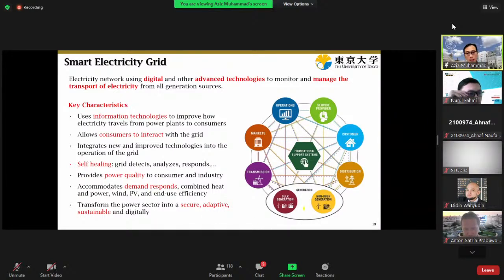So in this case, we are not only dealing with producers and consumers who are divided, but in the future, producers and consumers are mixed together. They can behave simultaneously: we can consume electricity while we are producing electricity. So there will be active, mutual interactions between producers and consumers, or among the consumers, or among the producers themselves.